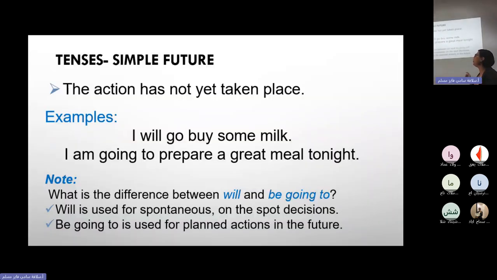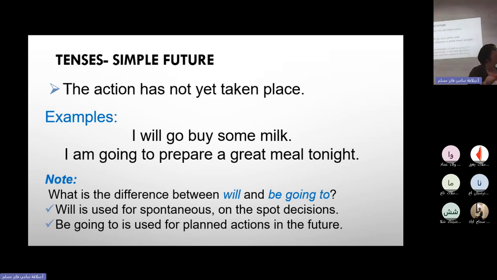The simple future. When do we use the simple future? For actions that haven't taken place yet. ما صارت. Okay? Example. I will go buy some milk. I'm going to prepare a great meal tonight.